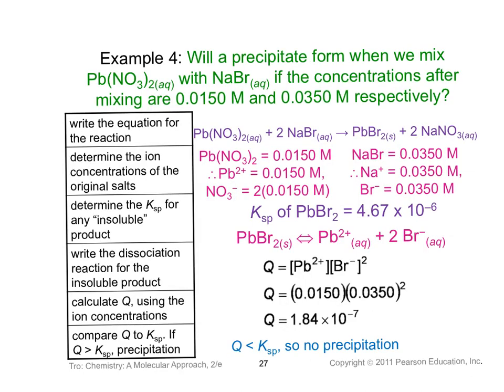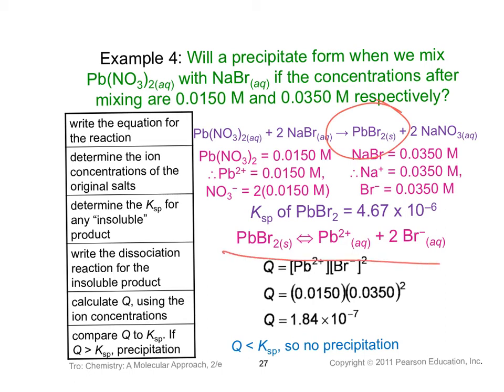So here's an example of this. The question is, will a precipitate form when we mix lead nitrate with sodium bromide if the concentrations after the mixing are 0.0150 and 0.0350? So we solve the equation to say here's the solid PbBr2.